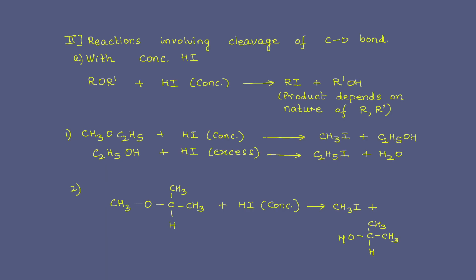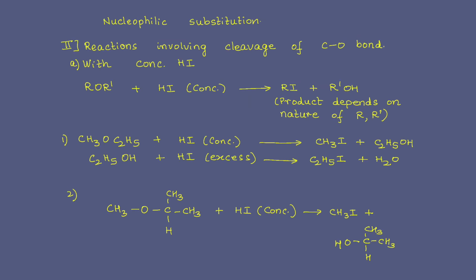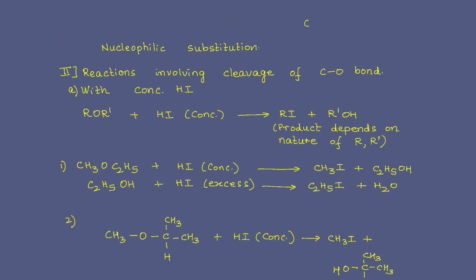The next set of reactions that we are going to cover are an example of nucleophilic substitution reactions in the case of ethers. Now, as we said earlier, our ethers are not very happy with breaking the bond and being replaced by another nucleophile.